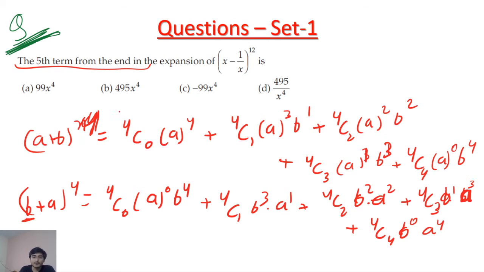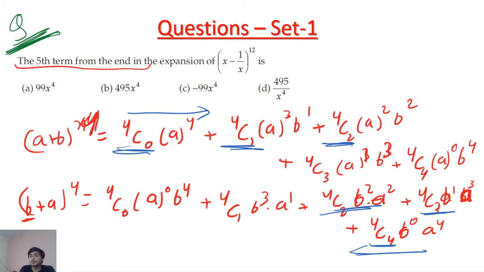Is it fine? Now if you match this in order, if you are going from this side and from this side, are both the same? Because 4C0 is the same as 4C4, 4C1 is the same as 4C3, 4C2 is the same as 4C2, 4C3 is the same as 4C1, and 4C4 is the same as 4C0.